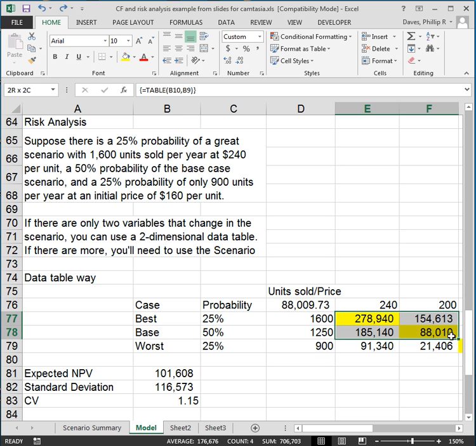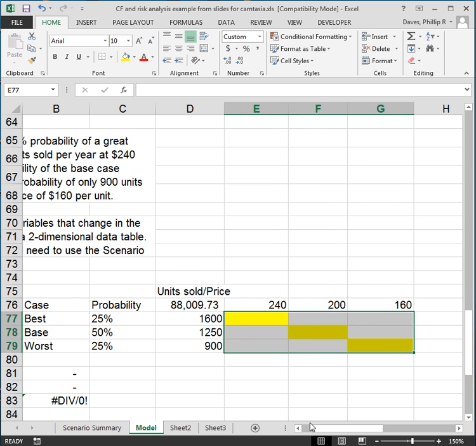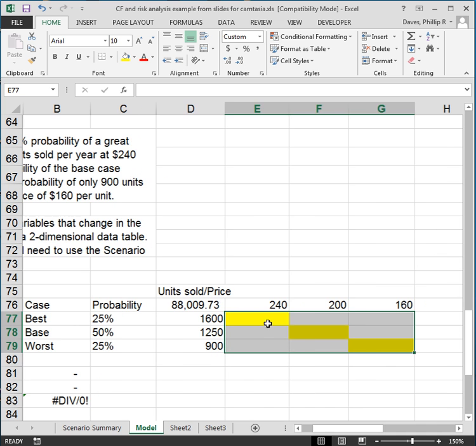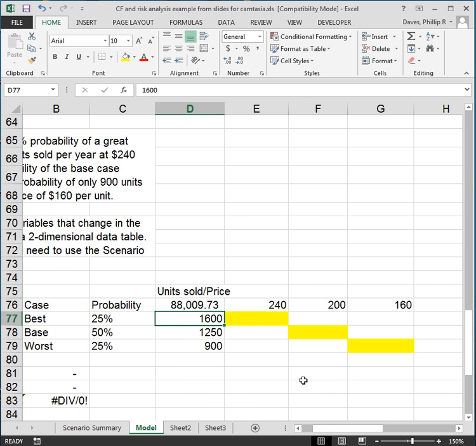So here's what we're going to do with a two-variable data table. We are going to vary the number of sales from 900 to 1250 to 1600. And we're going to vary the selling price from 240 down to 200 down to 160. Now the way a two-variable data table works is very much like a one-variable data table.